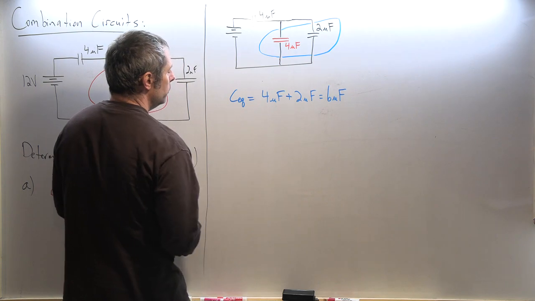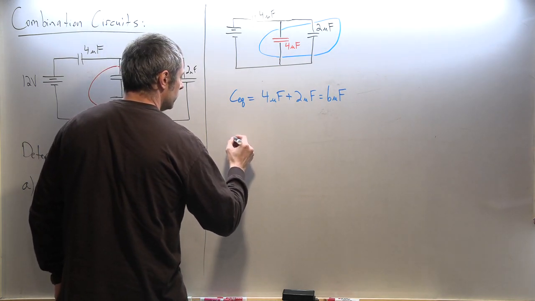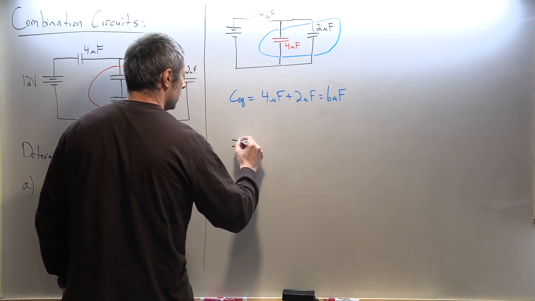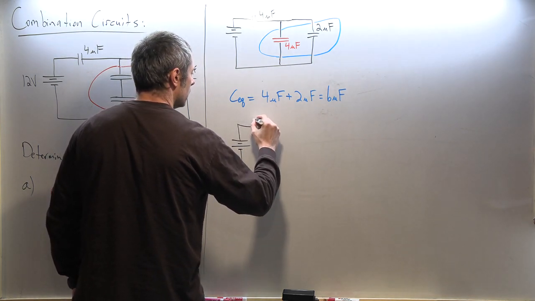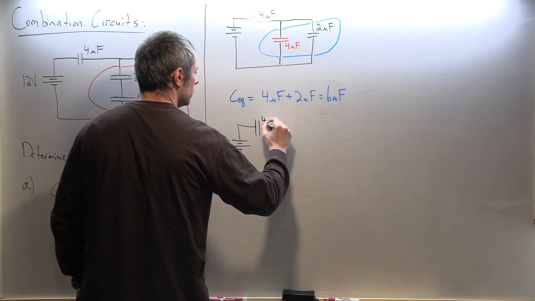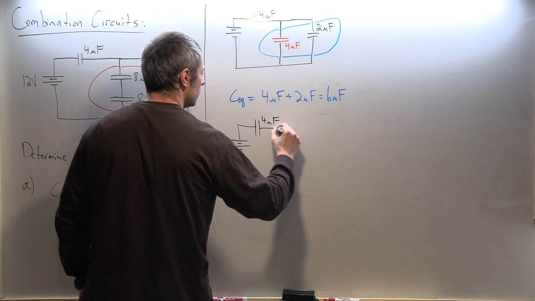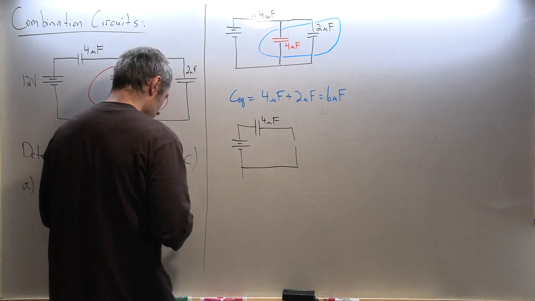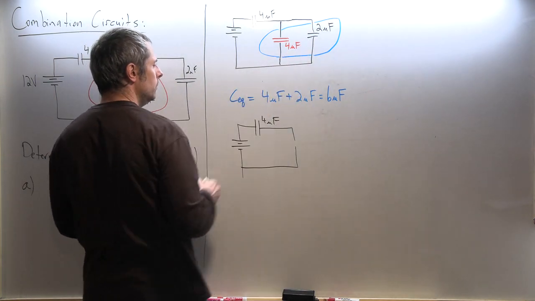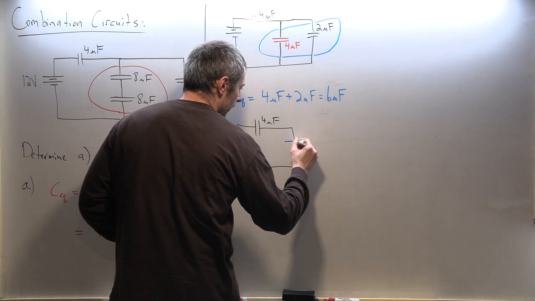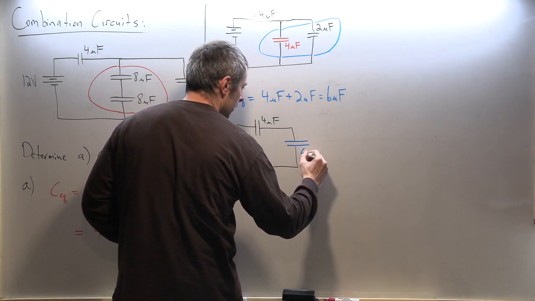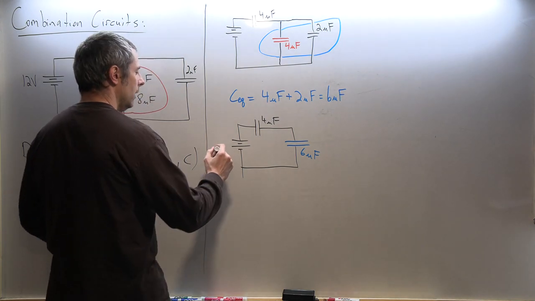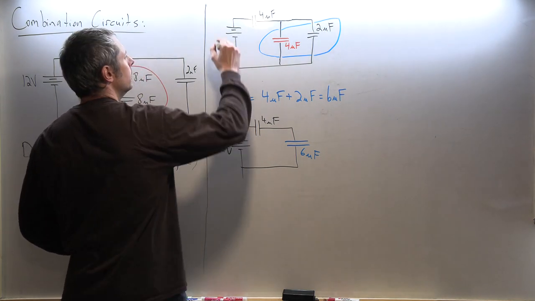So I can redraw the circuit and replace these two with a 6 microfarad capacitor. And our 12 volts is still here and here.